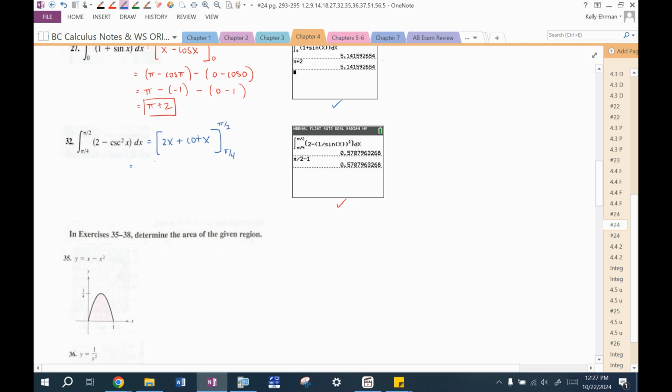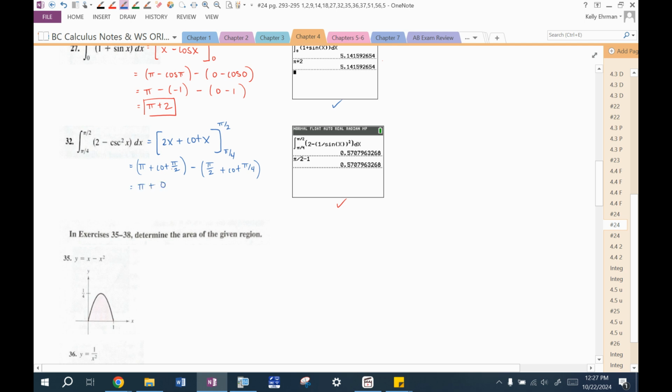And then when we plug in pi over 2, 2 times pi over 2 is pi, plus cotangent of pi over 2, minus 2 times pi over 4 is pi over 2, plus cotangent of pi over 4. Okay, so pi plus cotangent of pi over 2 is 0.